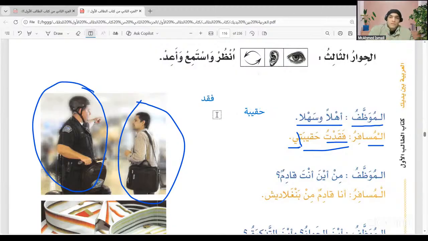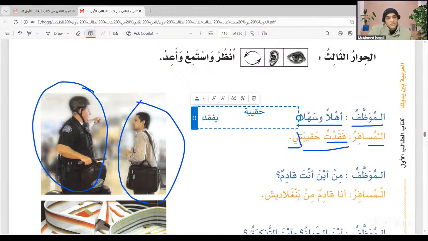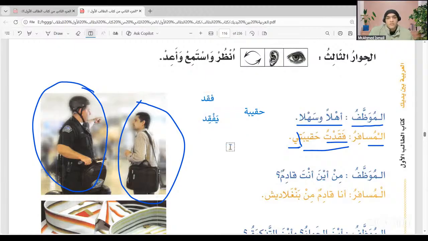And we also have يفقد, the فعل or the مضارع of it, يفقد. And we can write the حركات here. We have يا, يفقد, and ضم in the end. So يفقد, to lose something.